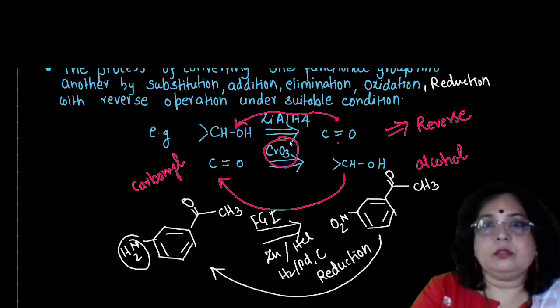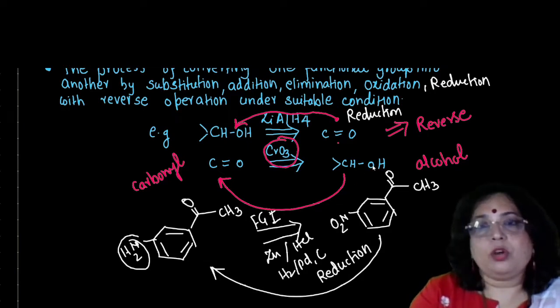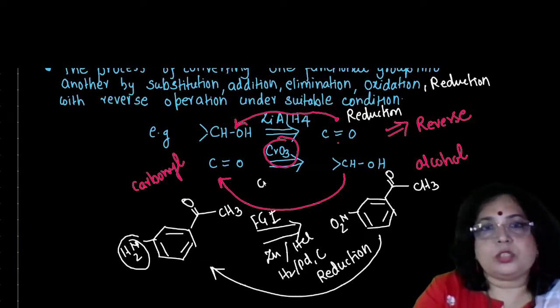Now here the conversion of CO to OH, again this is a reduction. Now the conversion of OH into this is an oxidation part. So what you need to put over here, this conversion is from right to left.